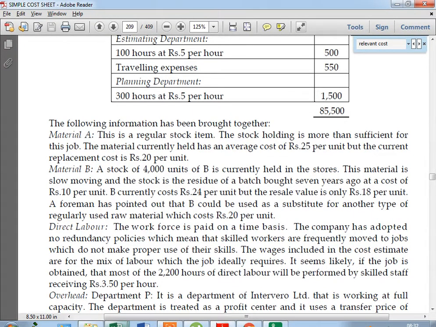Now come down. The workers frequently move from job to job. Full stop.